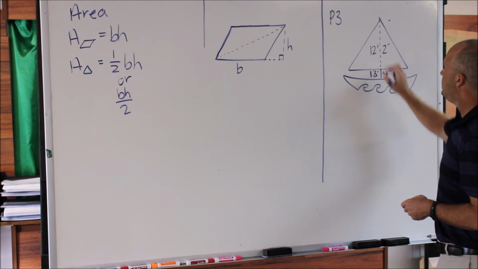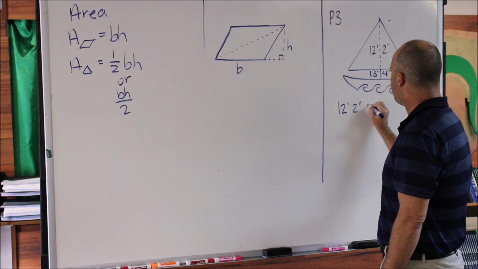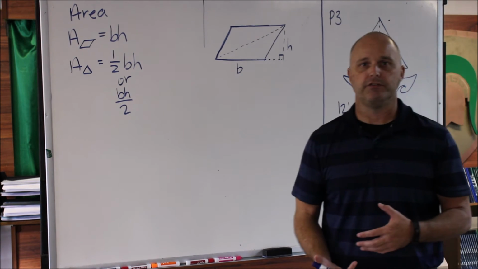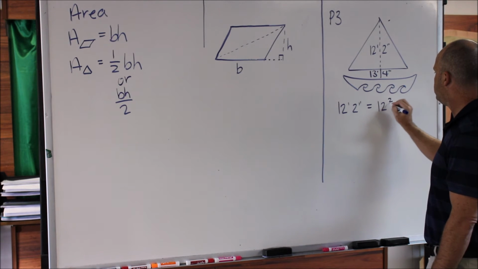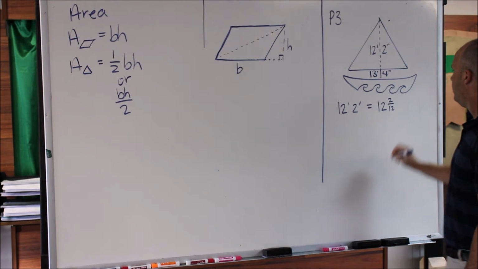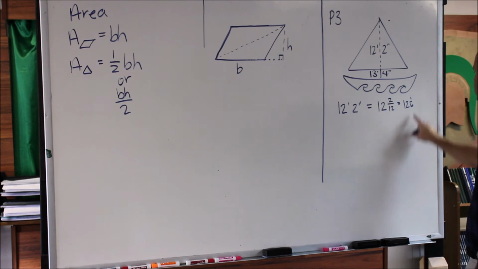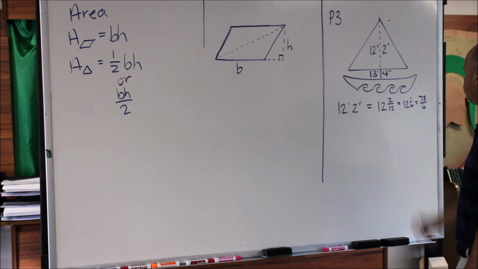So what I'm going to do is take this 12 feet 2 inches and go ahead and convert that. 12 feet 2 inches, remember that there are 12 inches in a foot. So this is equal to 12 and 2 over 12, or 12 and 1/6. And so 12 and 1/6 is 73 over 6.